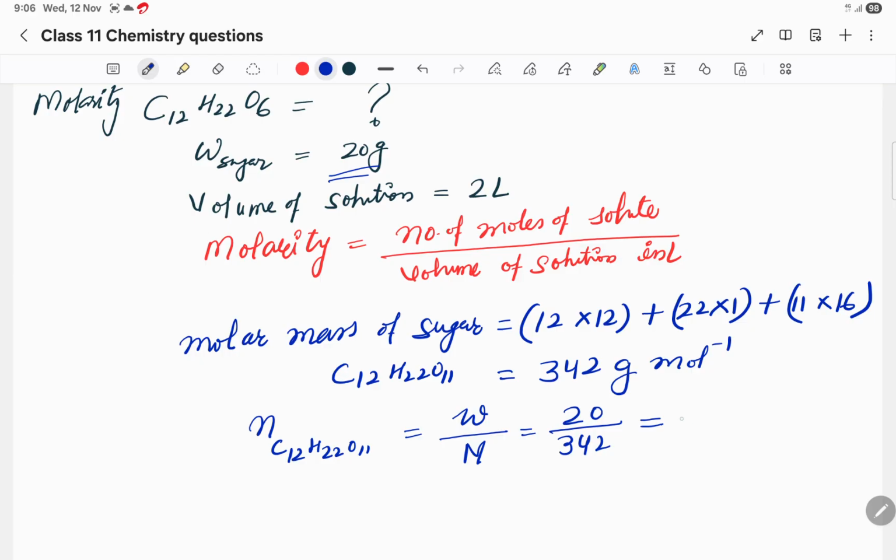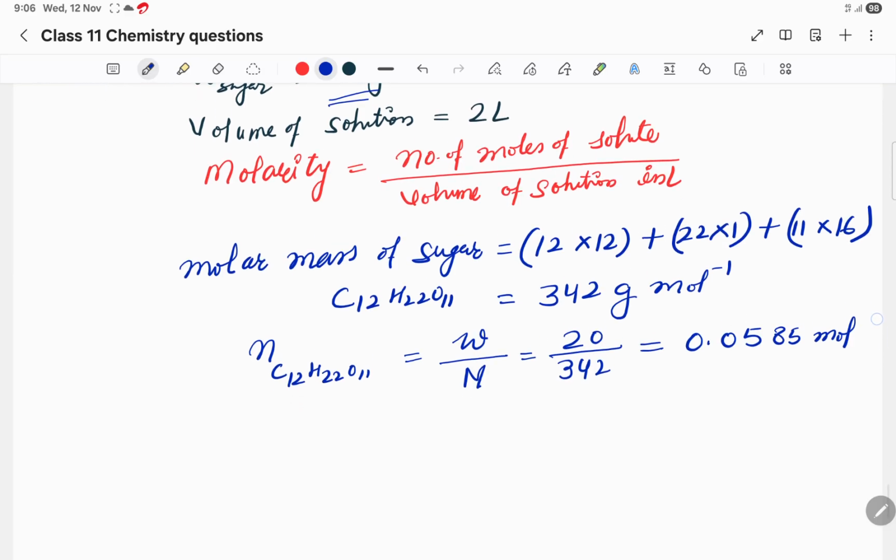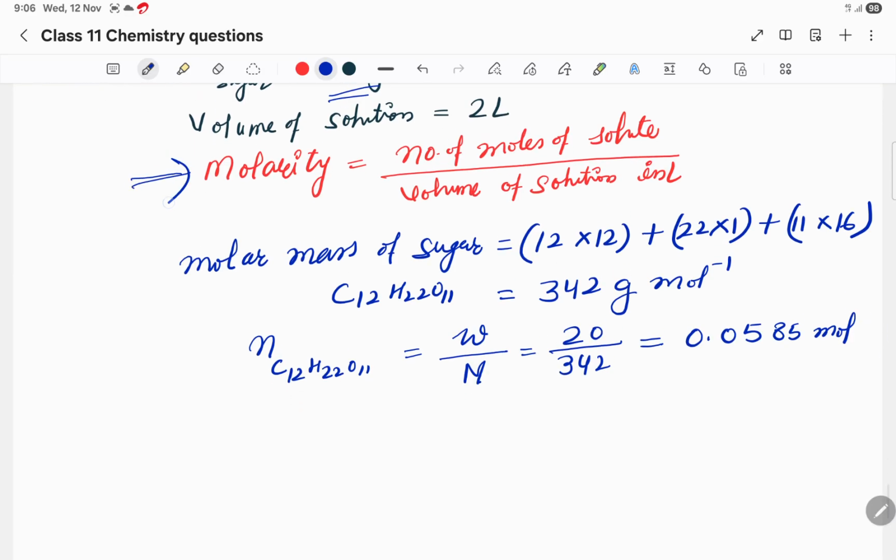If we calculate it, it comes out to be around 0.0585 moles. So number of moles are done. Now we can go back to our molarity equation. Molarity is number of moles of solute, which is 0.0585 divided by volume of solution.